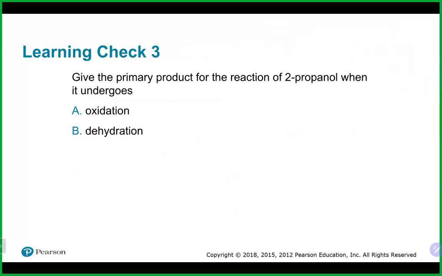All right, so why don't you draw the product you get when 2-propanol goes through an oxidation and also a dehydration. Dehydration means taking out water. So let's see what you get there. Three carbons, and the 2 tells us that is where our OH is going to be.